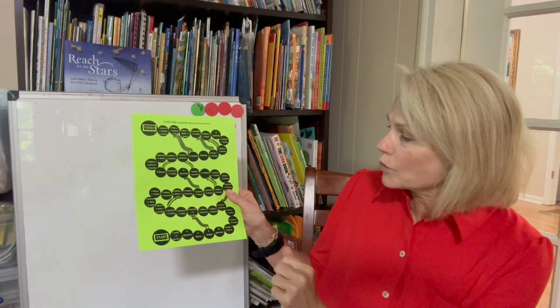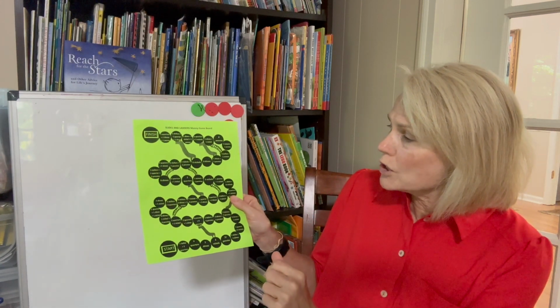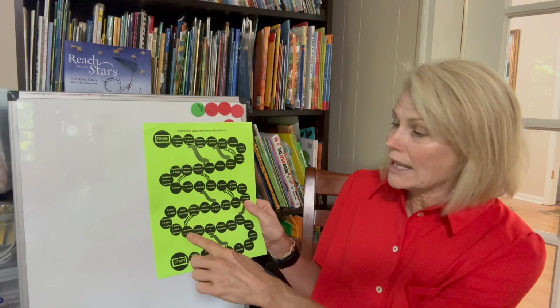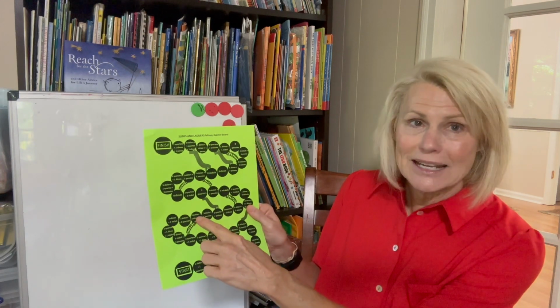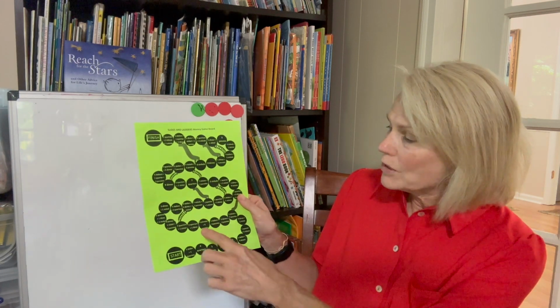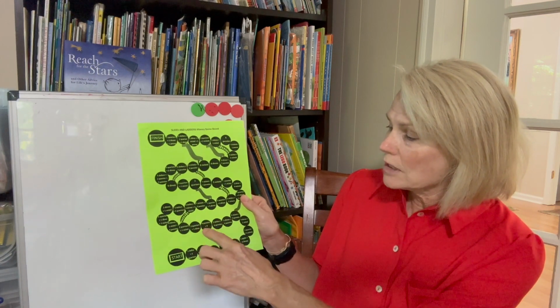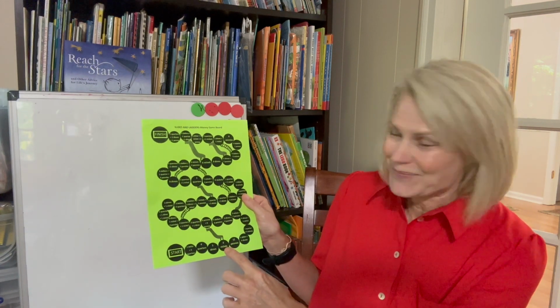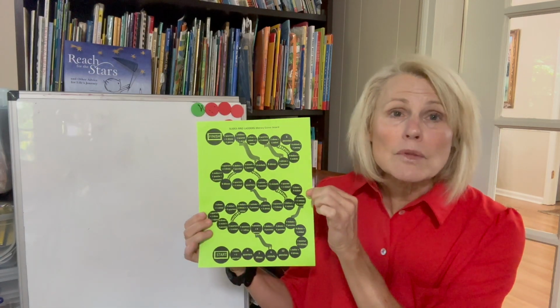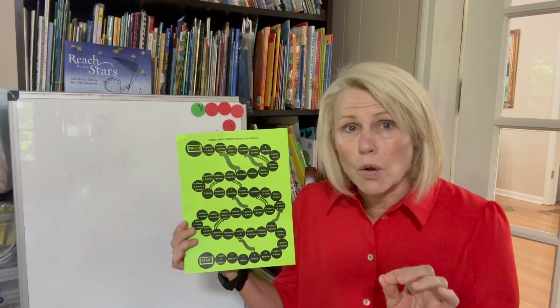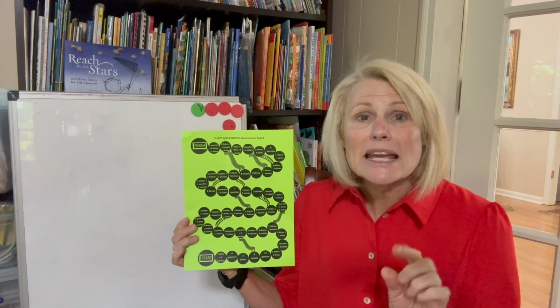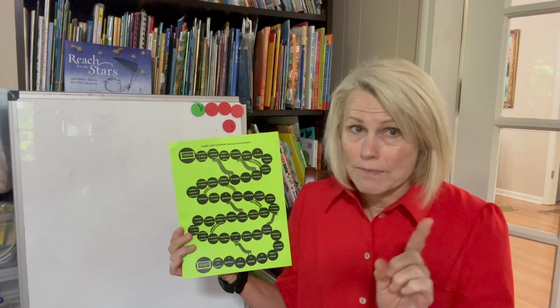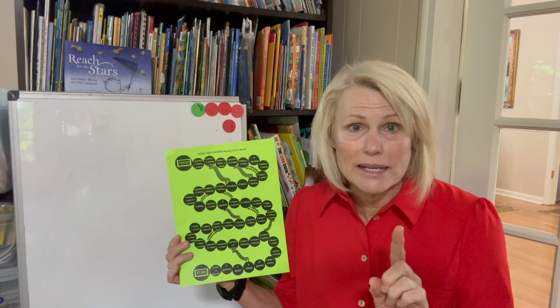you play through. Of course, if you'll remember, when you land on one with a ladder, you get to climb to the top. When you land on one with a chute, you have to slide back down. So it is a fun game, but remember the goal of this math activity is first, we want to make sure they can identify the money.